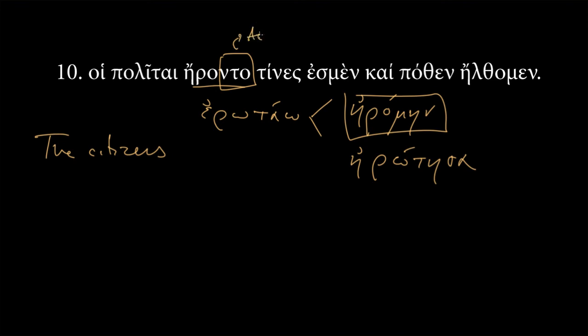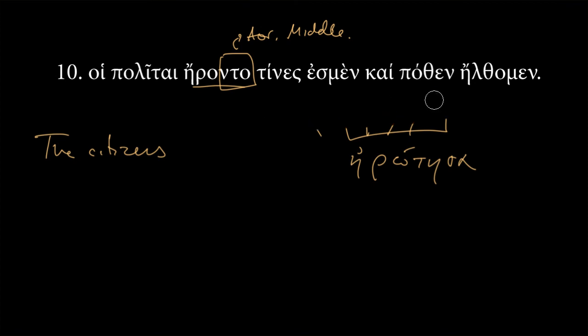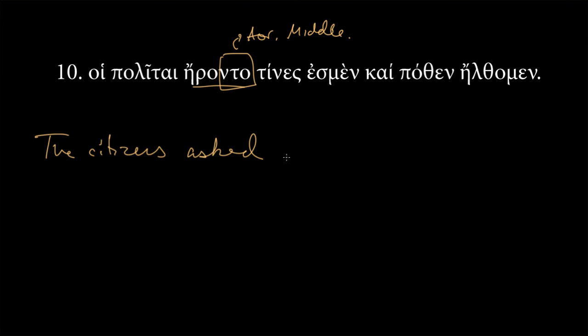So what we actually have here is an aorist middle, because since it is aorist, it can't be passive with that ending. So we know, okay, it's working with one of these two possible aorist principal parts. And it is the more common, the deponent is the more common principal part. So the citizens asked, that's all that is, asked who? Esmen, we are.